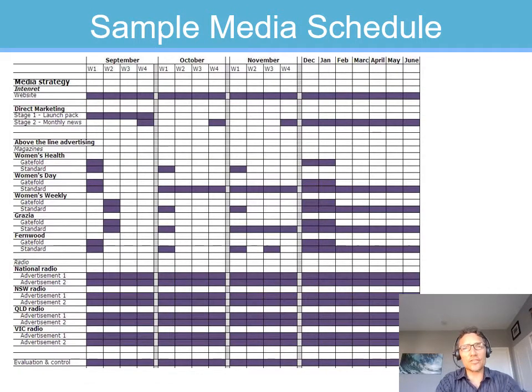In the next couple of slides, I'll give you some sample media schedules. I gave you some of those in the previous lecture, but you can see how it lays out visually what you're doing amongst all the choices. And this can get complex. When I worked at Jack in the Box, we had multiple markets.